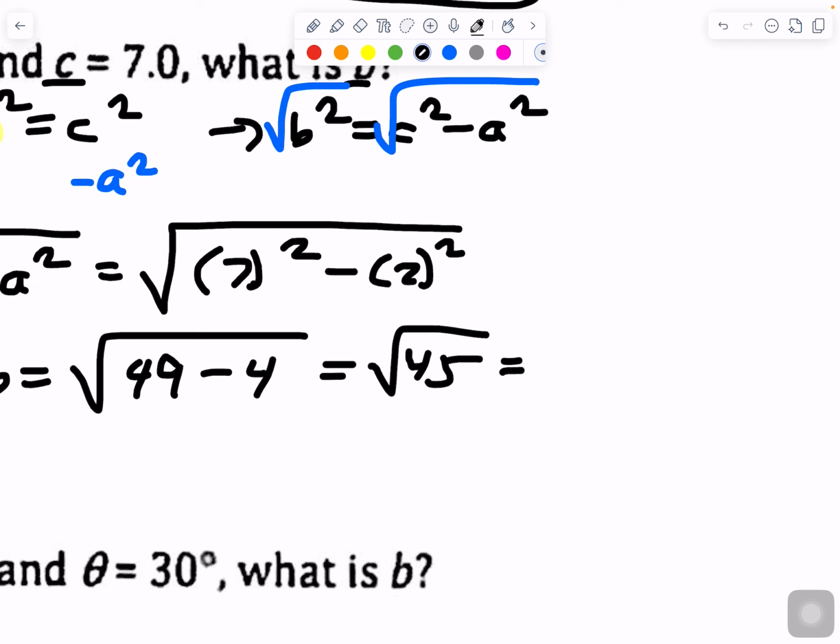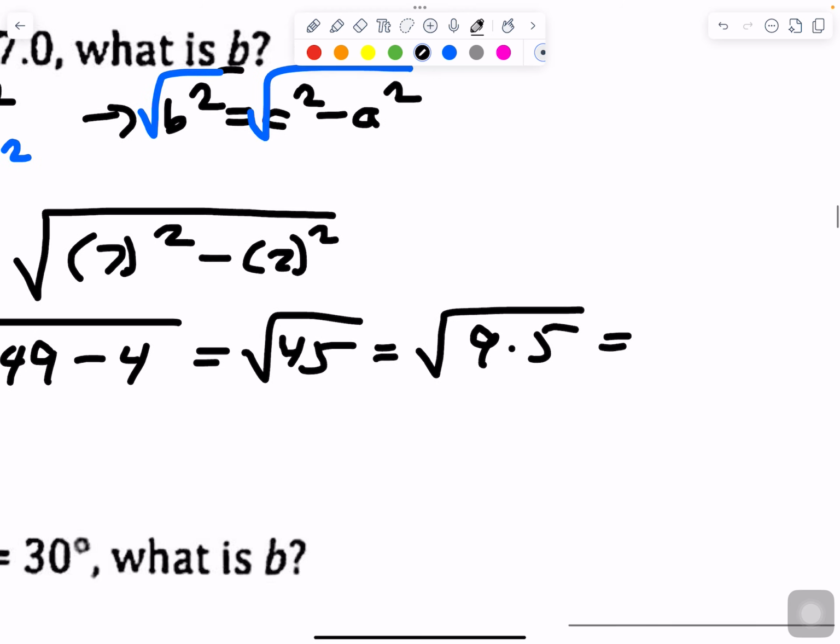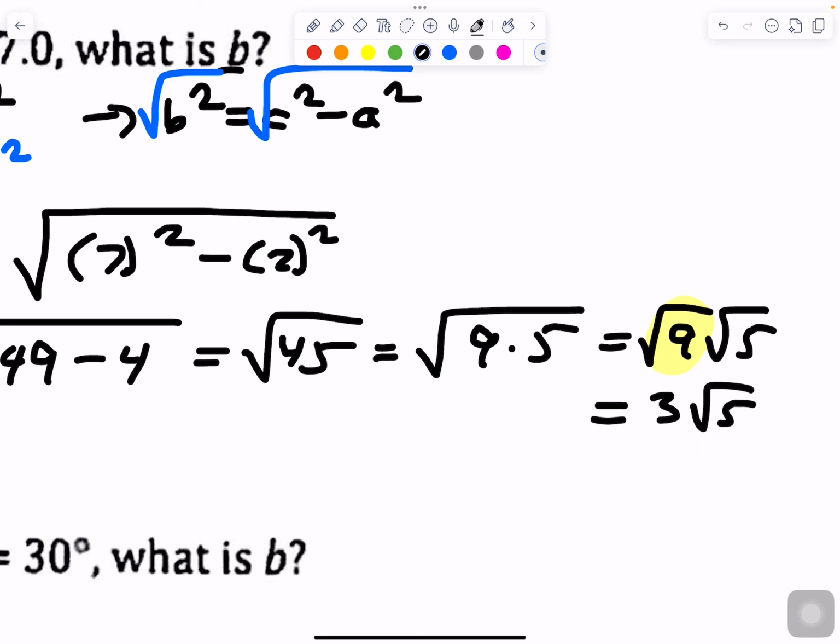Well, 45 could actually be split up into the square root of 9 times 5, which could be split up into the square root of 9 times the square root of 5. And we know that the square root of 9 is 3. So we could write this as 3 times the square root of 5. That's the exact answer. The decimal approximation would be putting that in a calculator and getting a value for 3 times the square root of 5, and it's about 6.7.